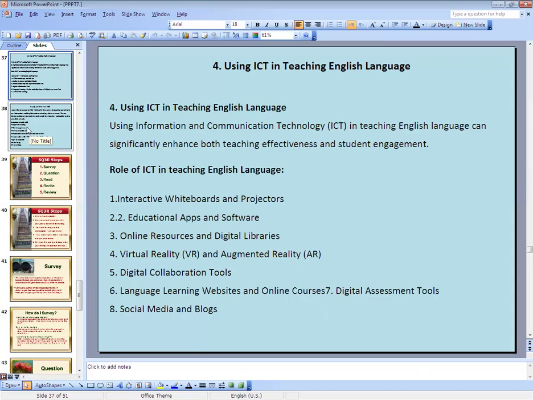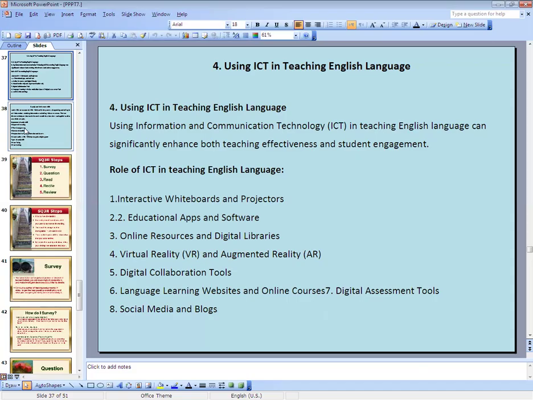Role of ICT in teaching English language. You can use interactive whiteboards and projectors. You can use educational apps and software, which I have discussed earlier, in online blended classrooms. Online resources and digital libraries can also be used in teaching English. Virtual classrooms, and we have augmented, that is artificial reality, has been shown.